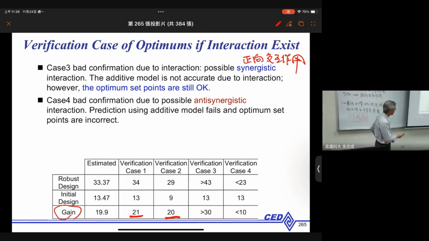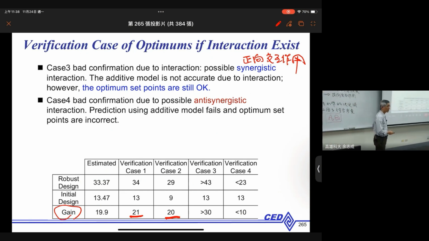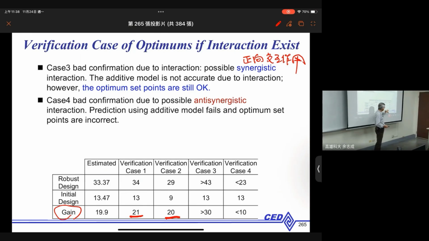If your case is case 4, you will know that the model is incorrect. The model predicts 20, but the actual result is very different from 20, and in a bad way, which means that it is much smaller than the prediction.